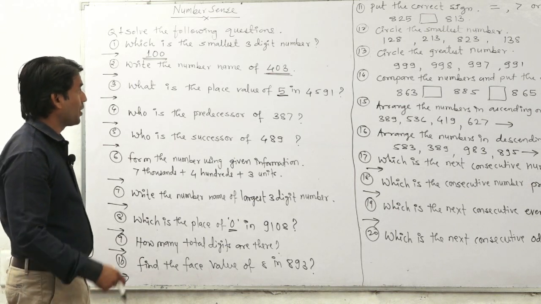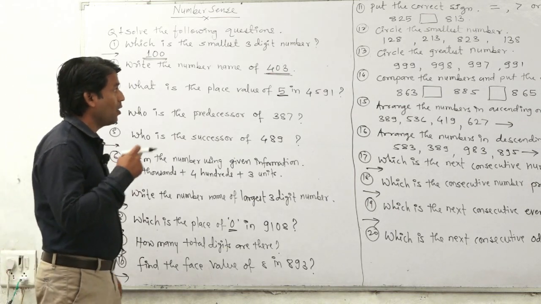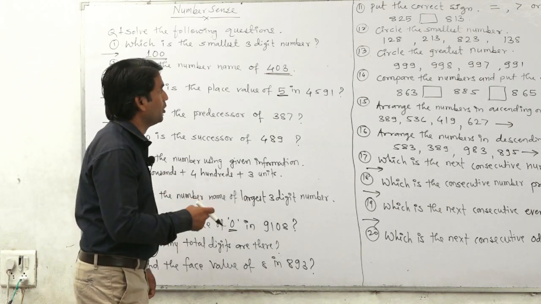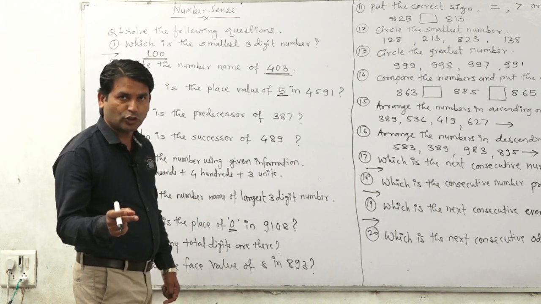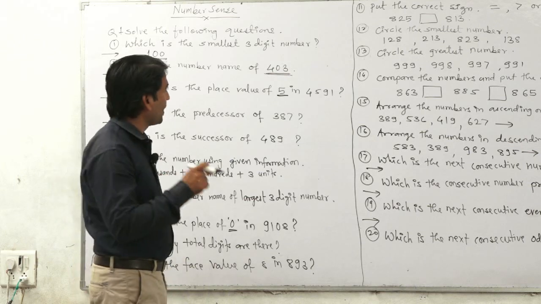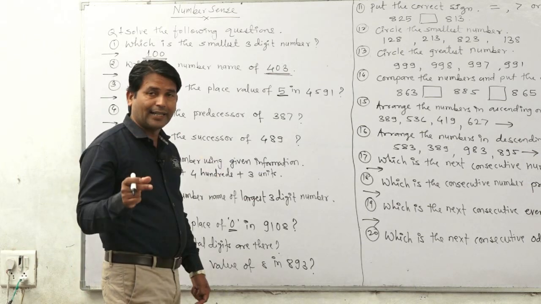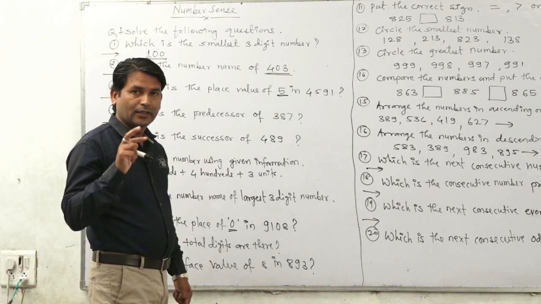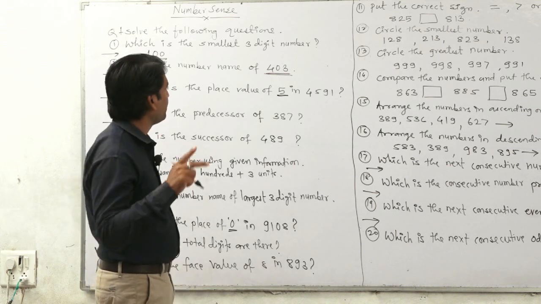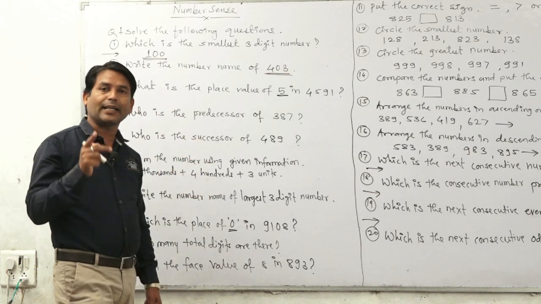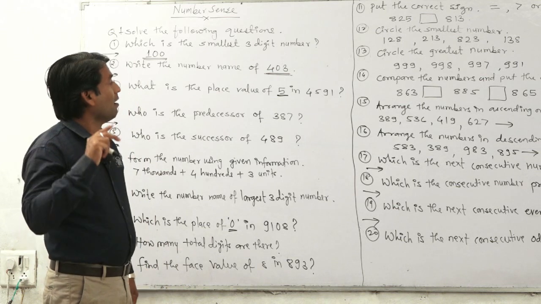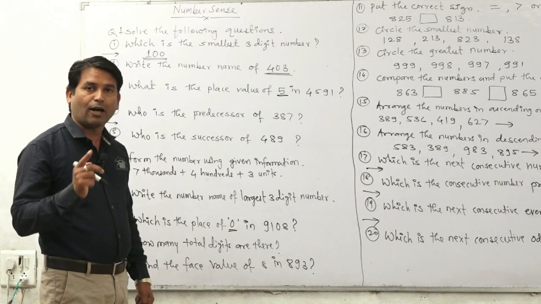If you want to write the number name, you have to learn all the spellings. First of all, you have to learn the spellings from 1 to 19. After that, 20, 30, 40, 50, 60, 70, 80, 90, 100, 1000.